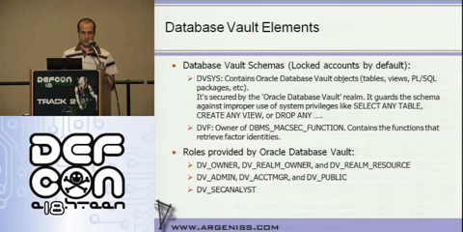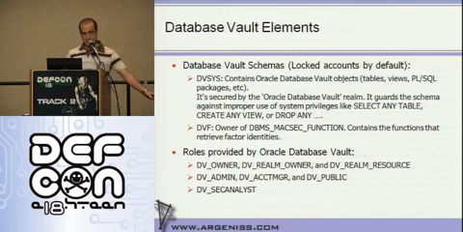This schema, of course, is protected by a realm so that administrators can't access it. The DBF schema, that is also part of Database Vault, is used to retrieve factor identities. It has functions to retrieve IP address, session username, etc.